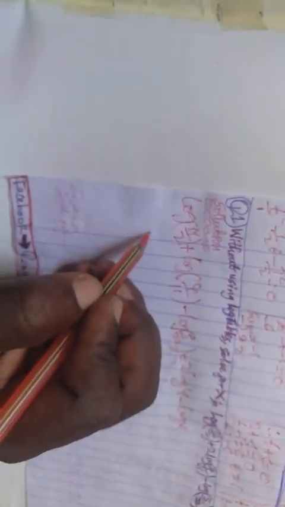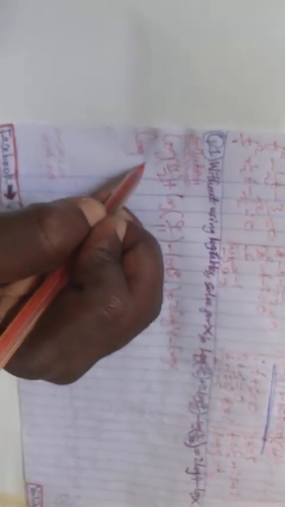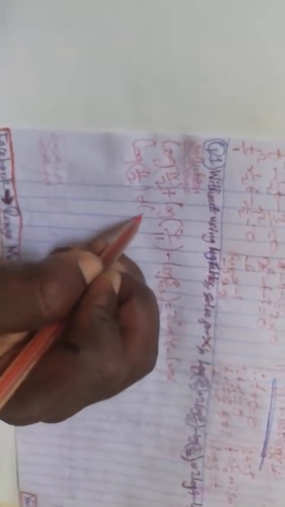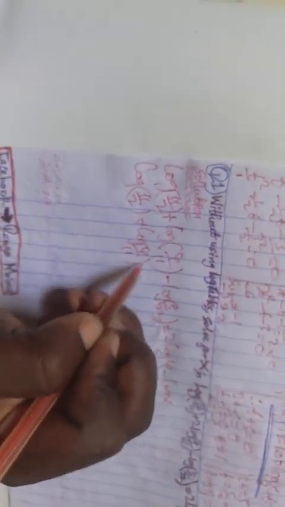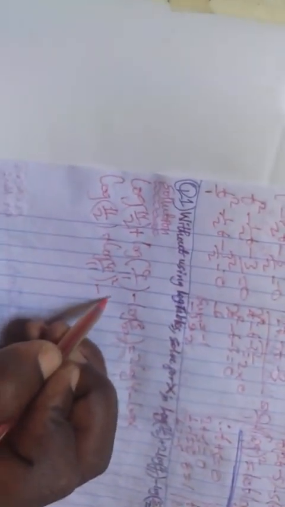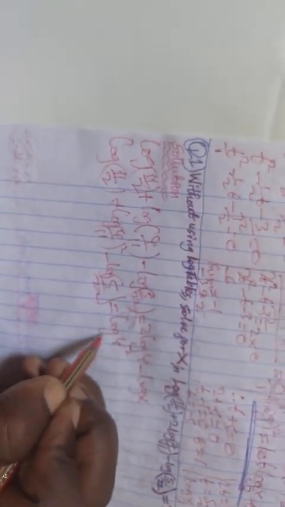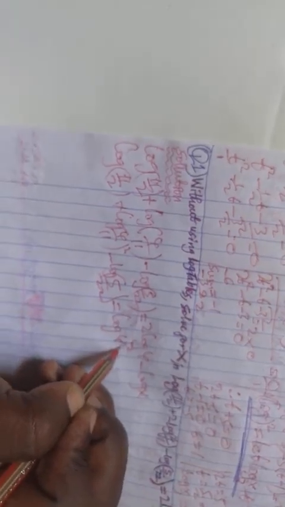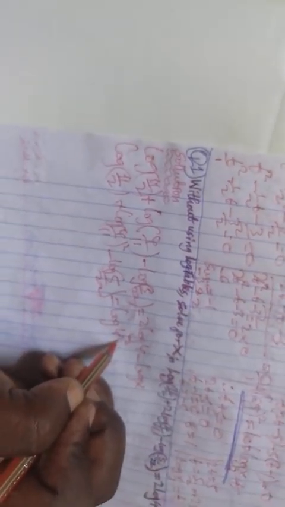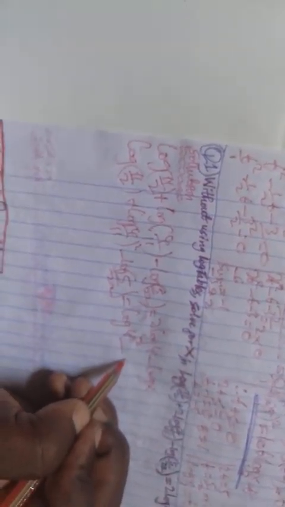This can be written as log 11/2 plus log 4/11 squared minus log 5/22 is equal to log 4 squared minus log x, because we have applied the power rule.